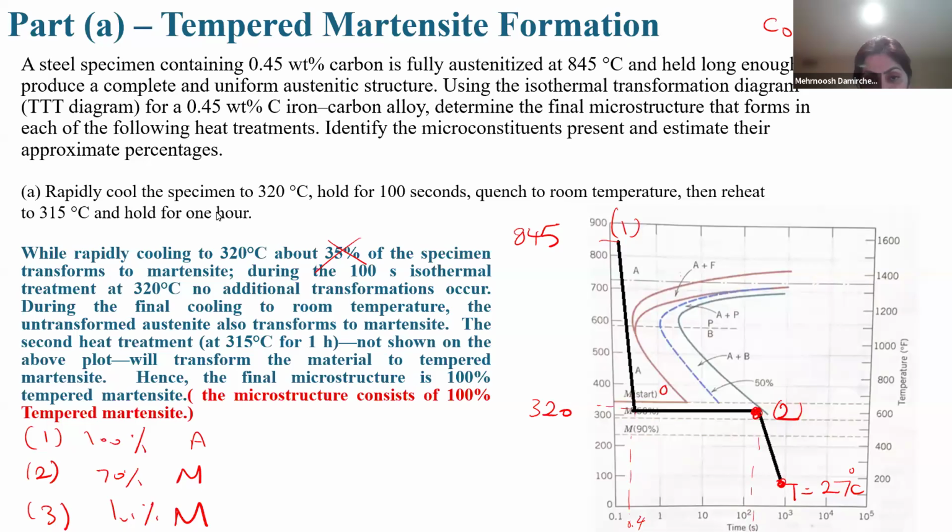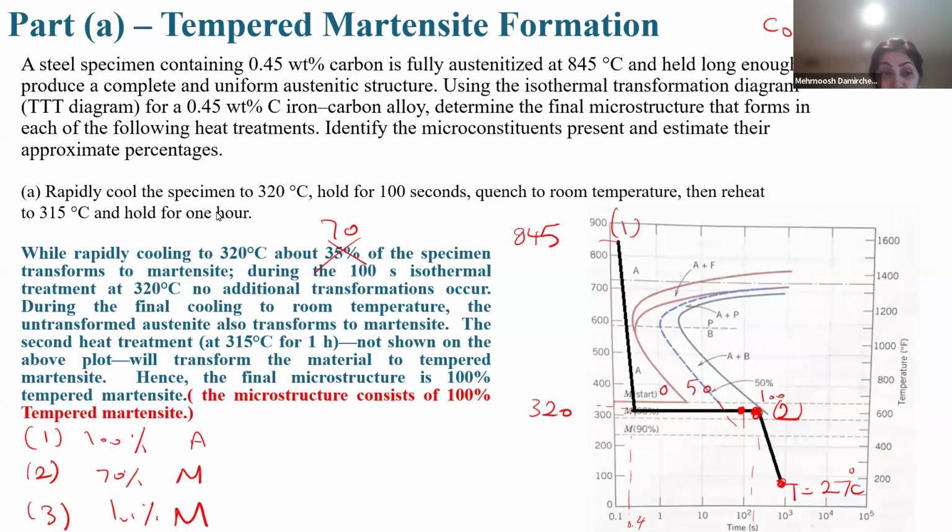Why? Because it's 0% for the red one, and the blue one is 50% and 100%. If you consider 100 seconds exactly here, it's between 50 and 70, so I approximately say 70%. So while rapidly cooling to 320, 70% transforms to martensite during the 100 seconds of isothermal treatment at 320.